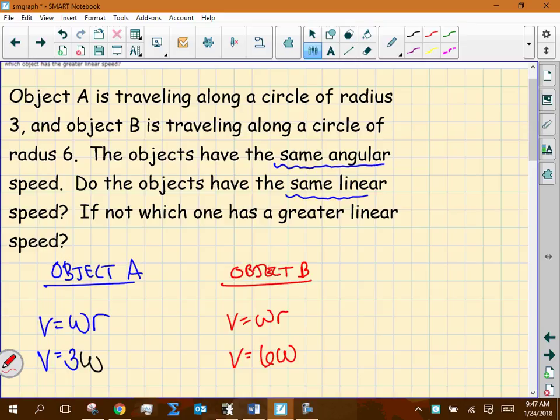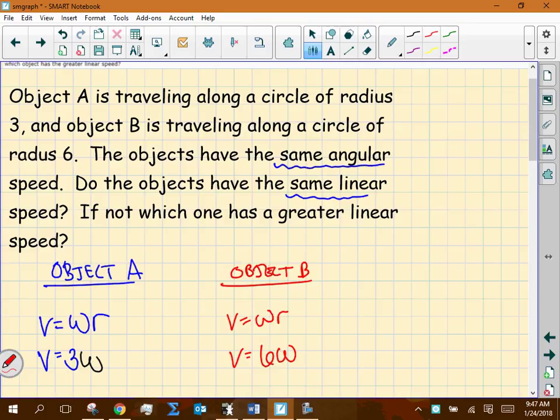And now here's the thing: they say the objects have the same angular speed. They have the same omega, don't they? So that omega basically cancels out. If omega was 1, we'd have a linear speed of 3 and a linear speed of 6.